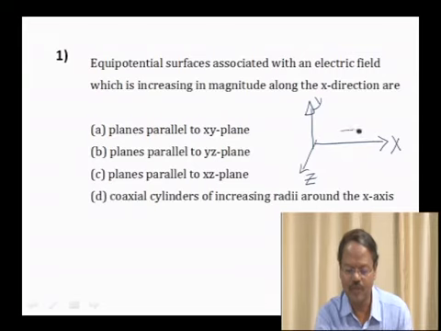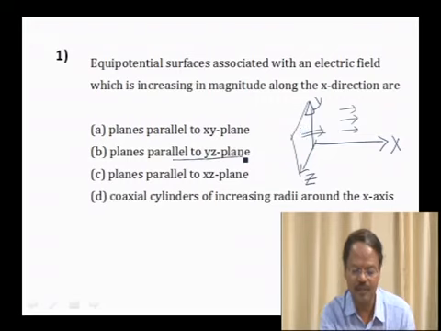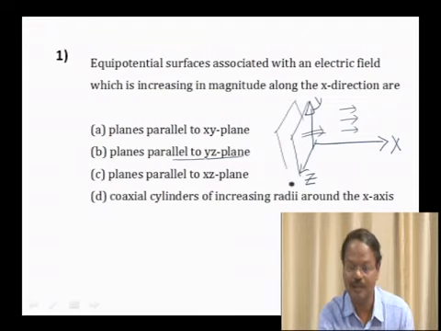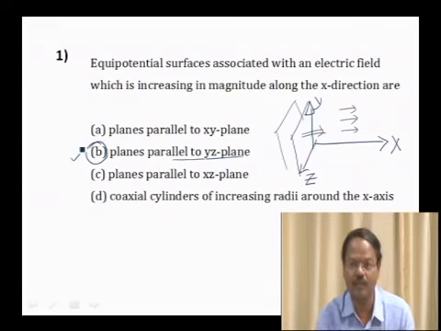So if electric field is only increasing this way, not changing in any other direction, that is what is given, therefore equipotential surface should be perpendicular to this. So equipotential surface should be in this plane, so that electric field comes like this. So it has to be in the YZ plane, parallel planes. That means you can have one more equipotential surface like that, parallel planes, all of them in the YZ direction, and therefore, the correct option for question 1 is B.